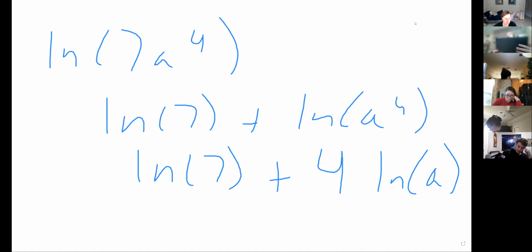Before we go to the next, I always get a question. I'm trying to double check. We don't move the exponent first, like move it over in front of the ln, and then bring it down?